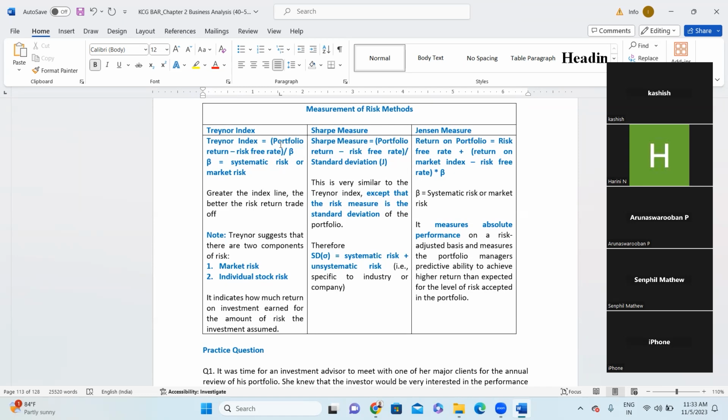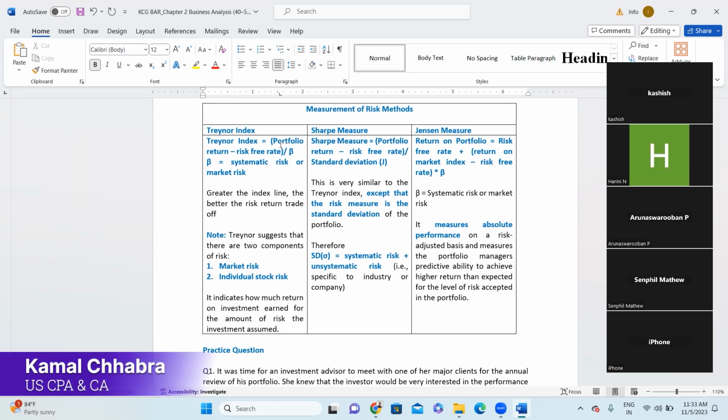And divided by beta, whereas beta is systematic risk, or you can say market risk, right? The greater the index, the better the risk-return trade-off, right? As the index increases, it results in more and more positive return on the risk you have taken, right?